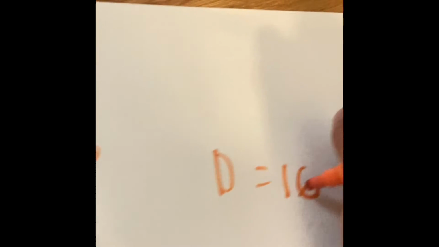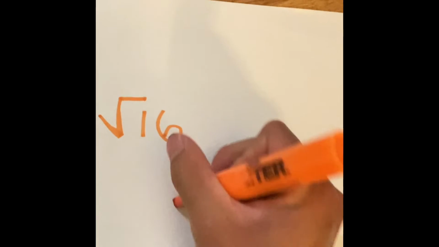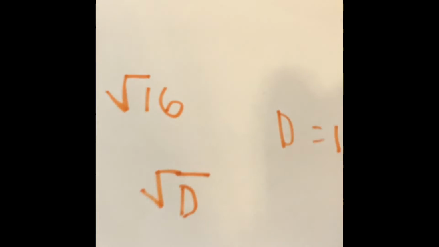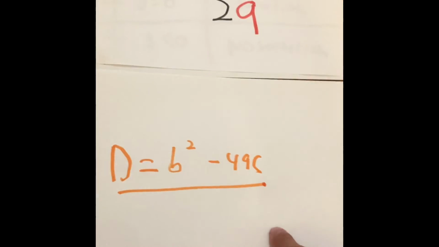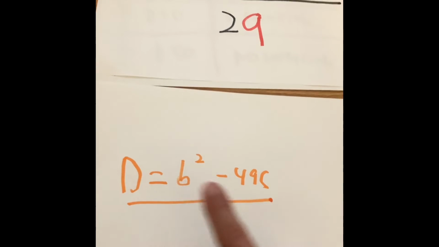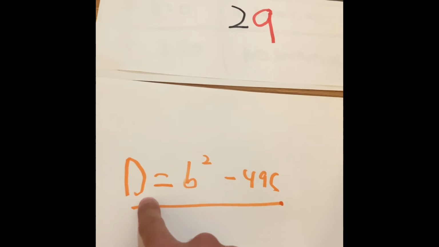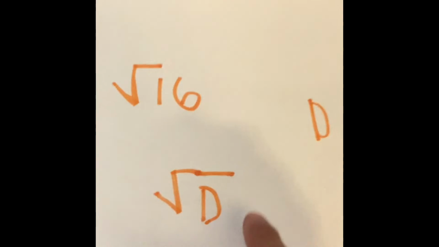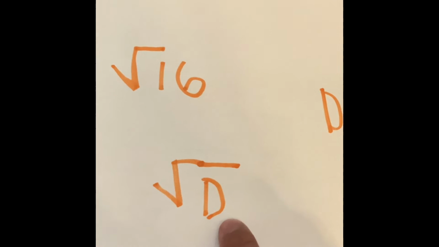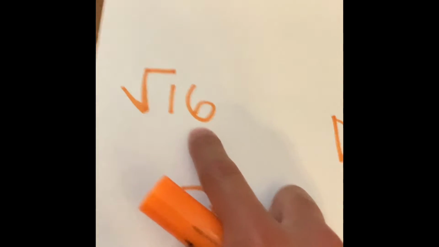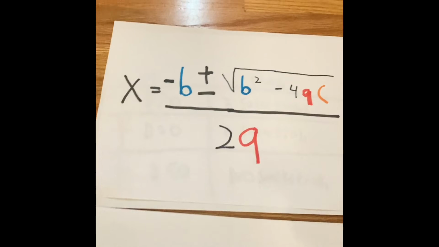That means it's the same thing as the square root of D. So whatever you get in the discriminant test formula, when you insert your a, b, and c values, it's going to represent D. And that is telling you it's the square root of D, when you get the square root of 16 when working on the actual formula.